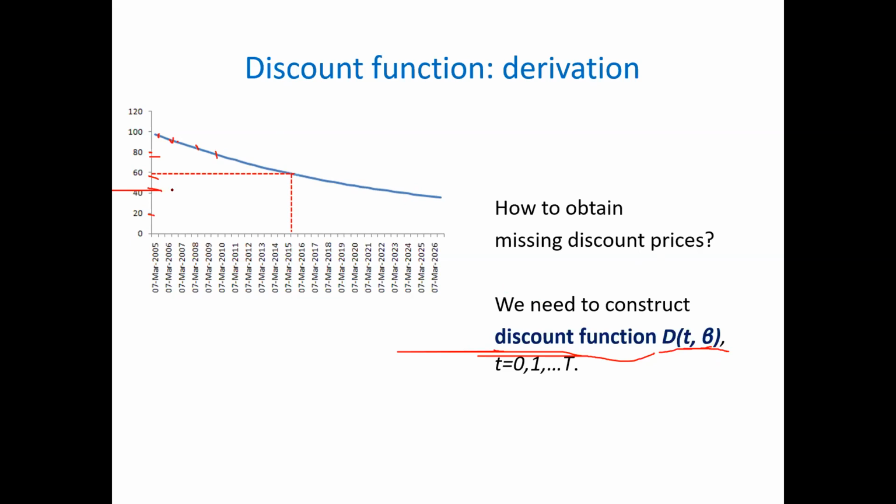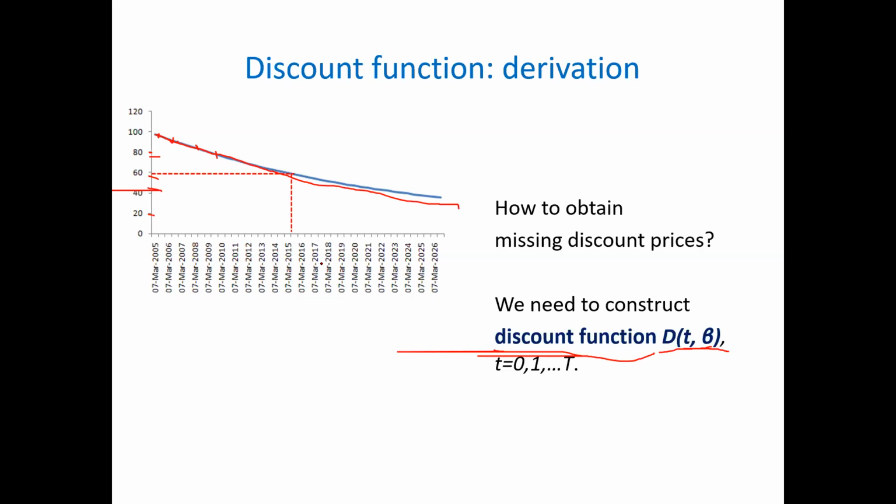The discount function, the way I build it here, I get something like that. So this is our discount function for the UK treasury bonds market. However, this is an approximation only, because I approximated the discount function using strip prices.